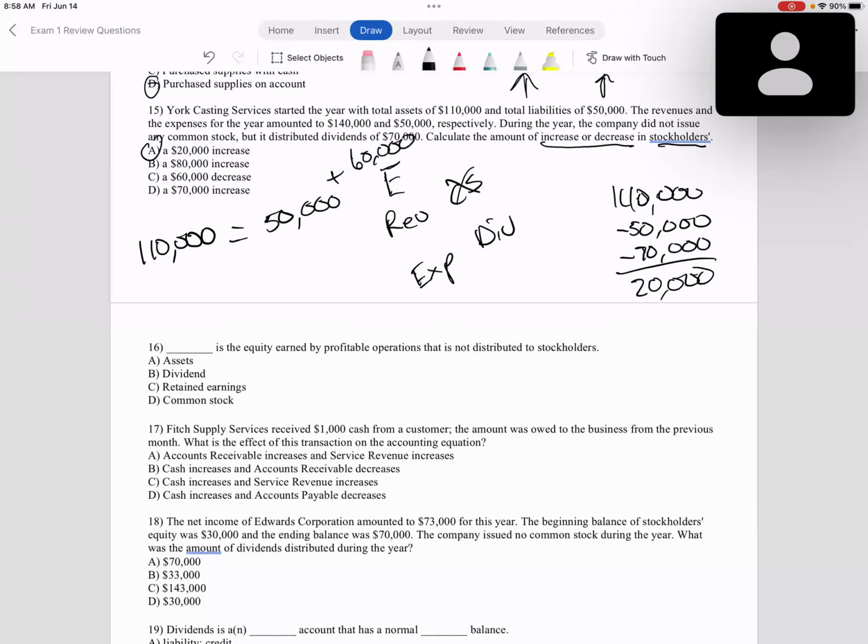See how that balances? 110 equals 50 plus 60. That would be our accounting equation. And then because it increased by 20,000, 60, 70, 80, our new equity balance would be $80,000. But that's not what it's asking. It's just asking for the change.